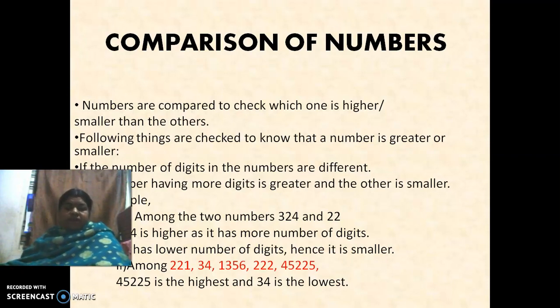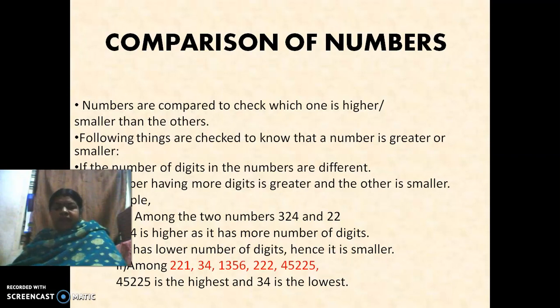For example, 324 and 22. In 324 there are 3 digits and in 22 there are only 2 digits. So 324 is the greater number and 22 is the smaller number.